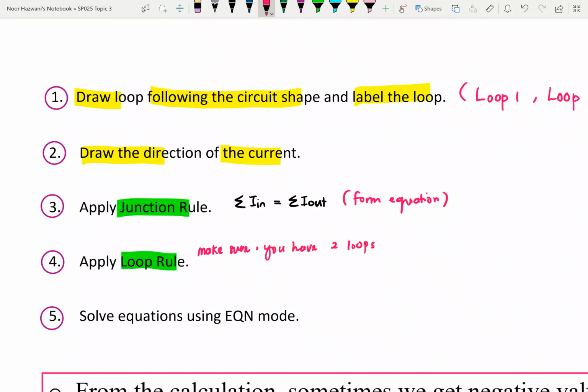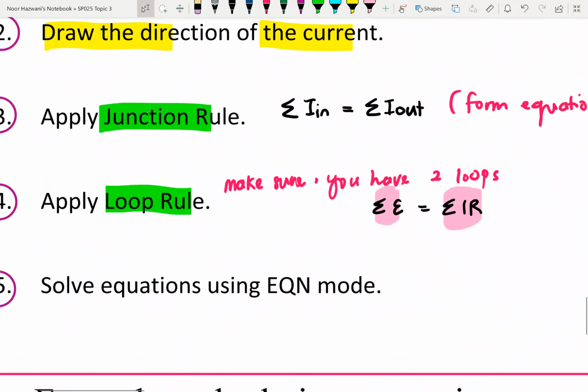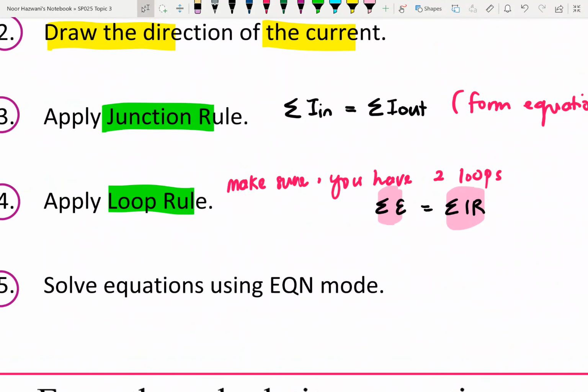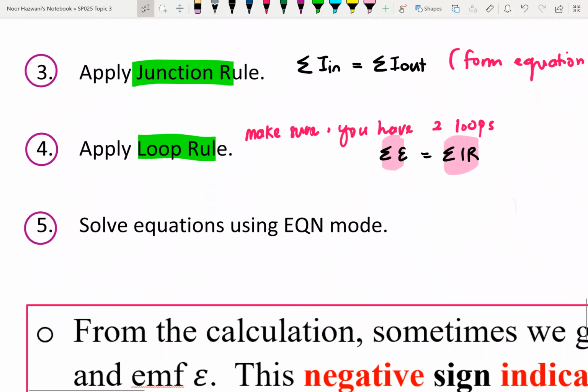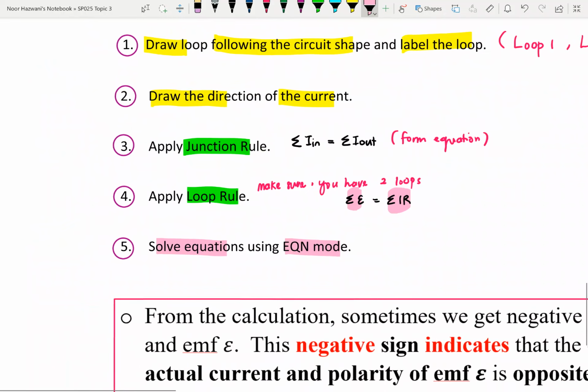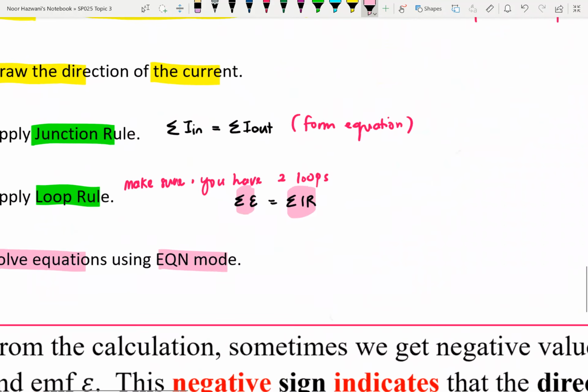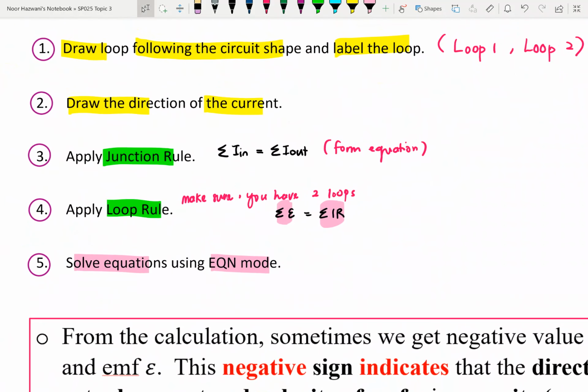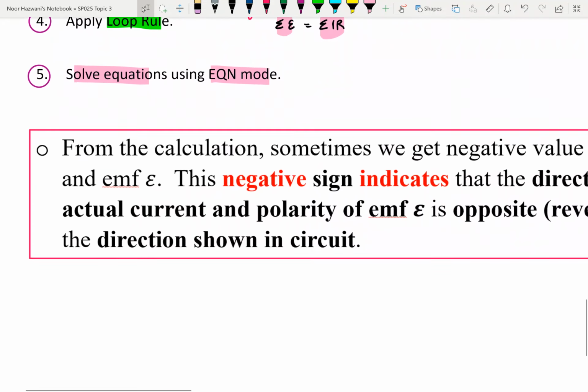So maksudnya you kena draw dua loops. Then baru kita akan apply summations of EMF sama dengan summation IR. But then you have to make sure you consider sign convention for both summation EMF dan juga IR based on tadi rules yang kita dah cakap tu. Okay. And then lastly baru you akan tekan calculator using EQN mode ataupun equation mode. Yang ni nanti I akan ajar one by one macam mana kita nak tekan calculator.